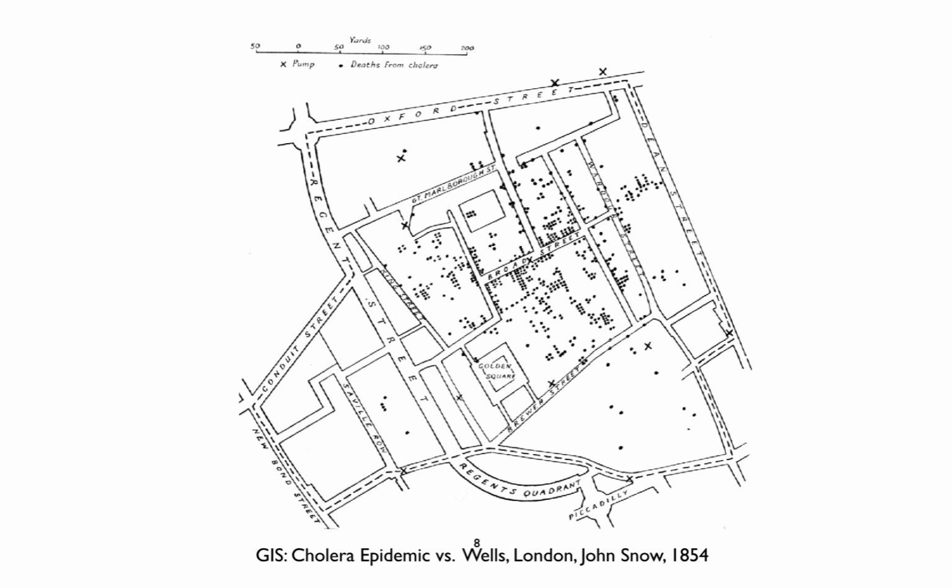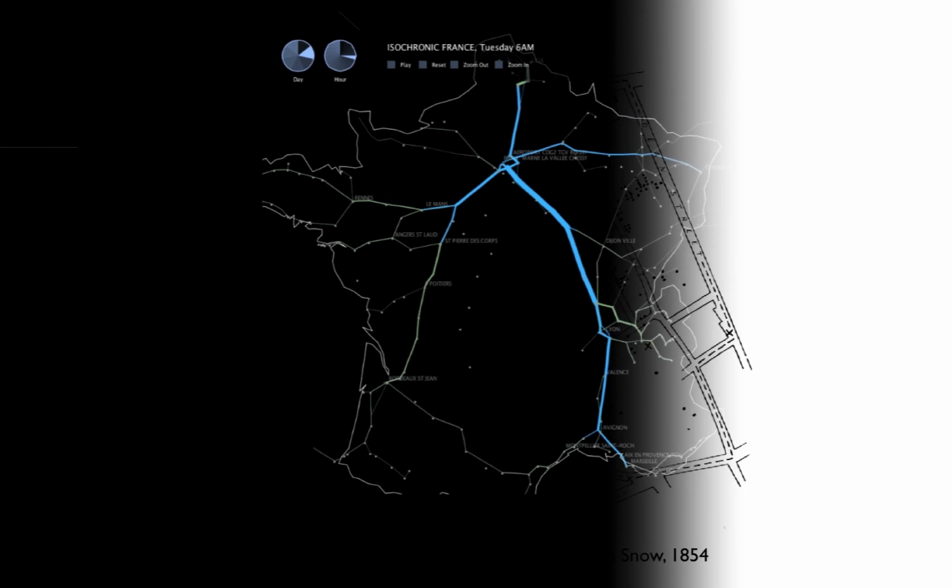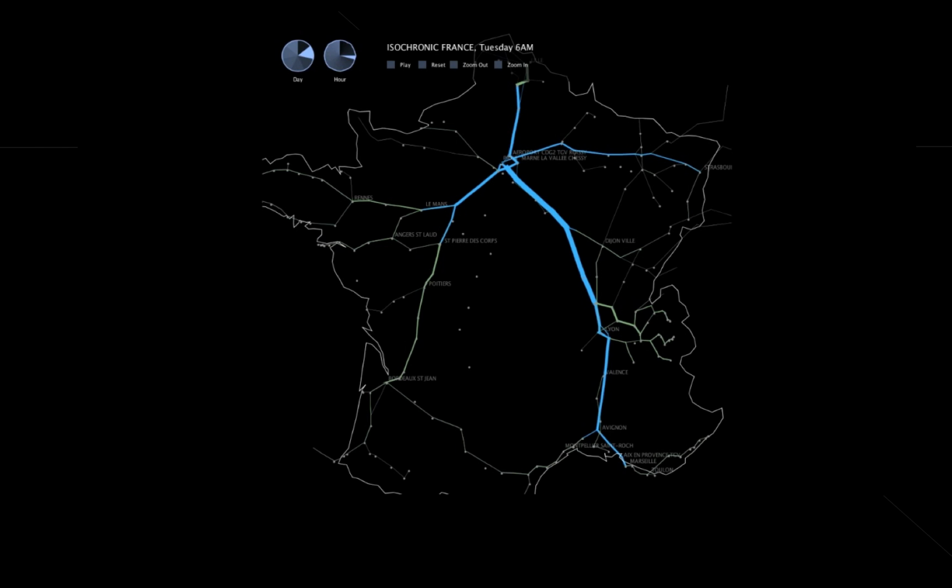Quickly, he established dependency between cases and water sources, and that led to resolution of the problem in years to come. This is ancestor of contemporary GIS, I guess, Geographic Information System. More contemporary version is here.